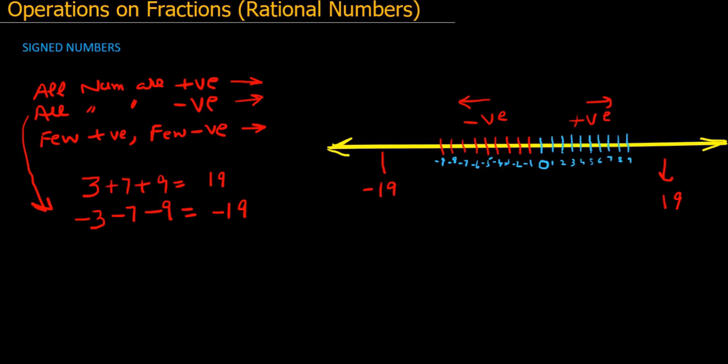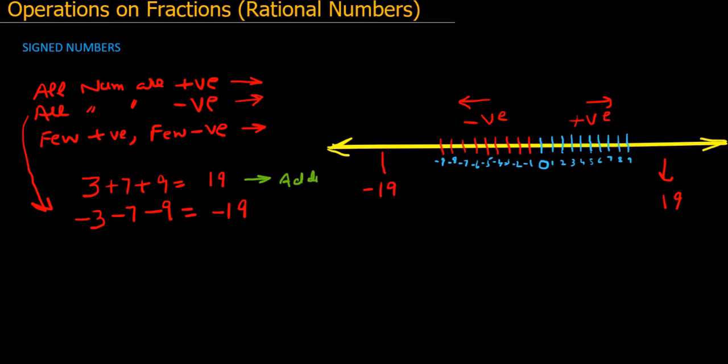But the process is very simple. If all numbers are negative, it looks like you are doing a subtraction, but in algebra, this is the addition of negative numbers. This was the addition of positive numbers, and this is the addition of negative numbers. So both of these can be considered as the addition process.